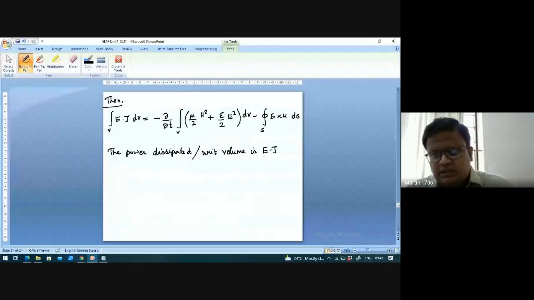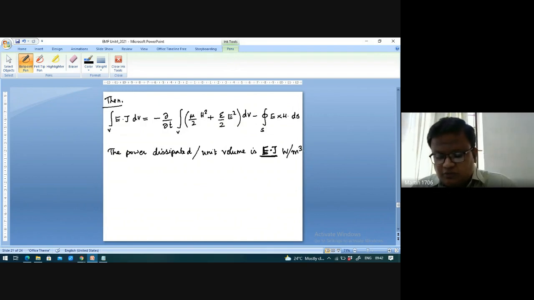Then you can write E dot J alone. Whenever you write the notation, write the same letters in capital, without any space. The unit for this is watts per meter cube.